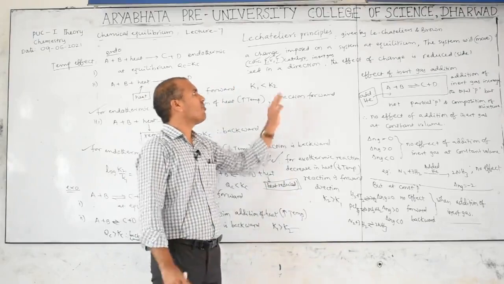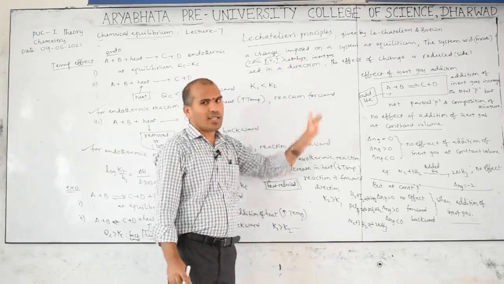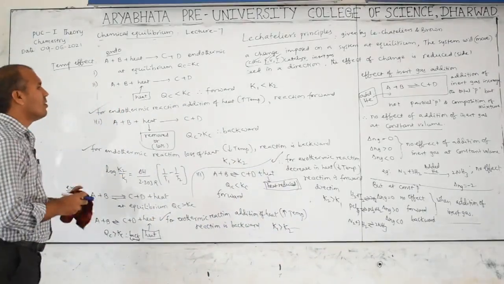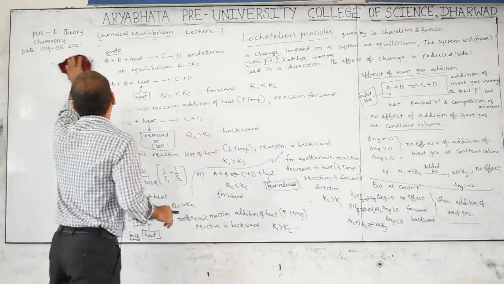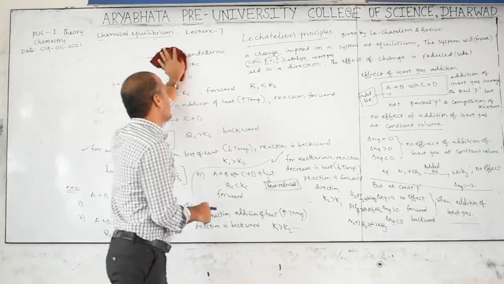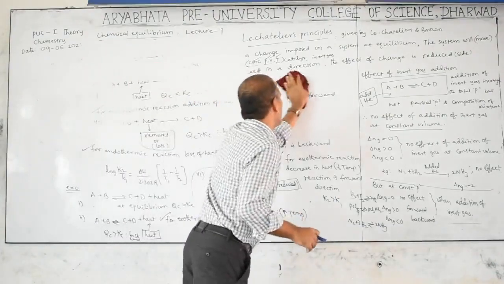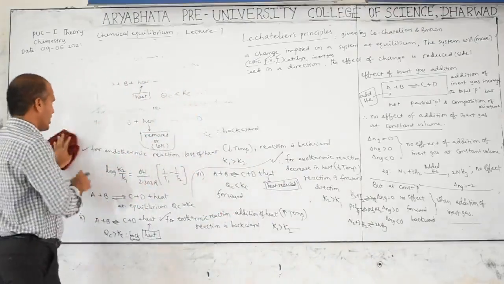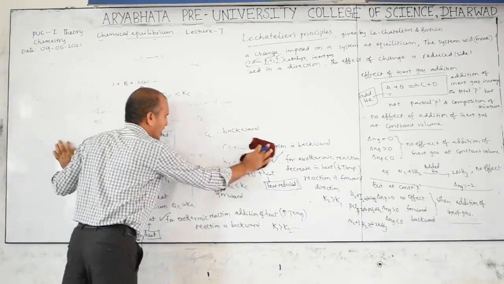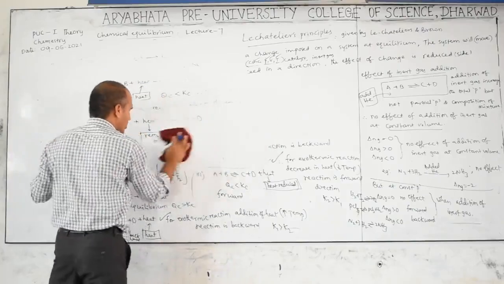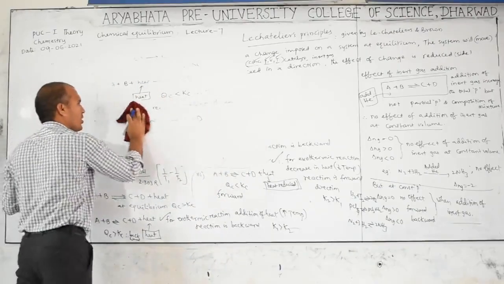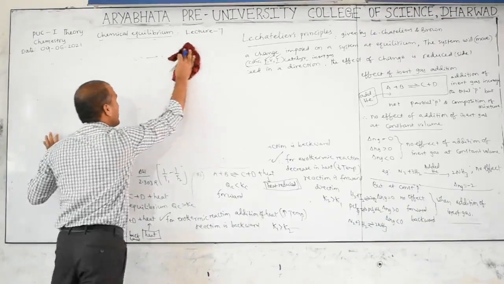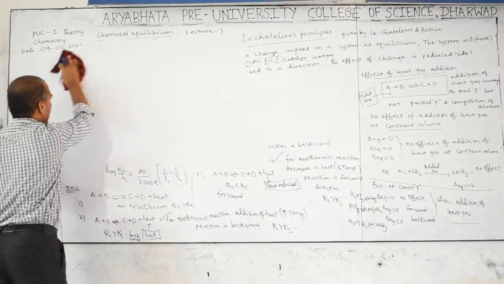The last and final effect, catalyst effect. This is very important. This catalyst effect is involved in many topics in second year, so you have to concentrate now. What I wrote looks totally different from what is present in your textbook, but this is exactly from your textbook only. So you have to read your textbook line by line, because here it is in the simplest form whatever I explain.